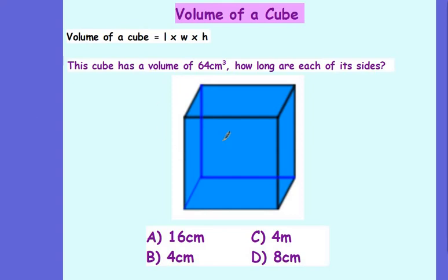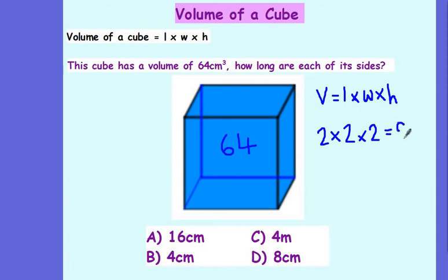Now, if the volume of it is 64, how long must each of its sides be? Right, let's work it out. We need to do volume is length times width times height. It's a cube, so we know that the length, the width and the height are all the same. If it was 2, we'd get 2 times 2 times 2, which would give me 8.